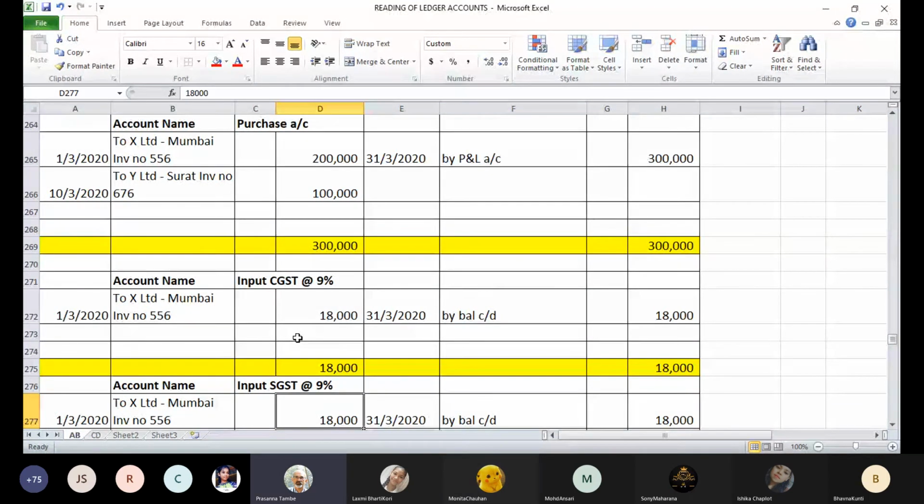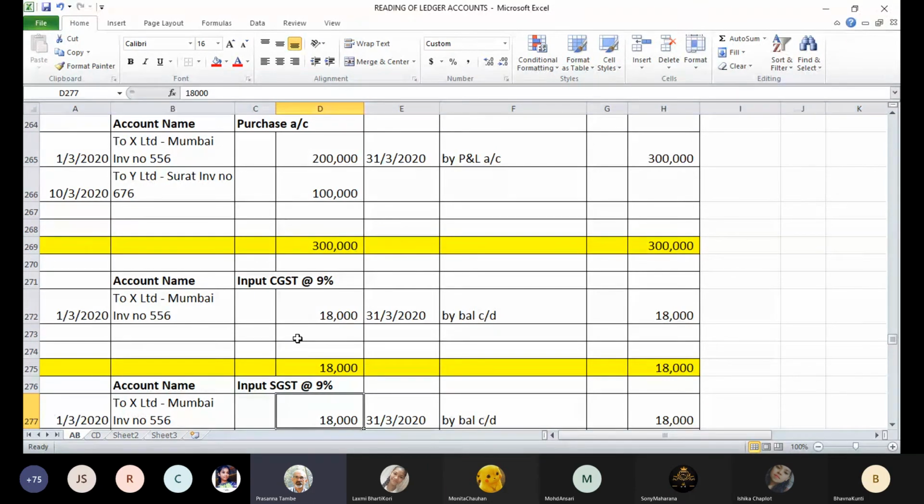Yes, sir. Okay. Now there is one more purchase on 10th March. Party Y Limited, Surat, invoice number 676, 1 lakh. What kind of GST will be levied on this transaction? 18% is the rate, and 1 lakh rupees is the invoice value.